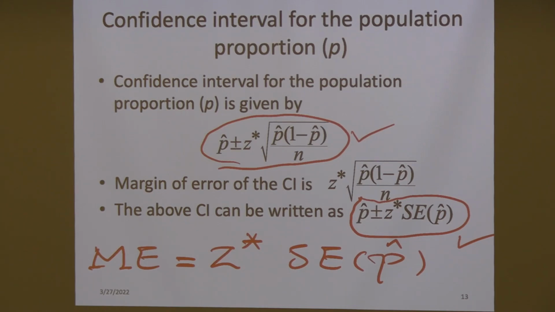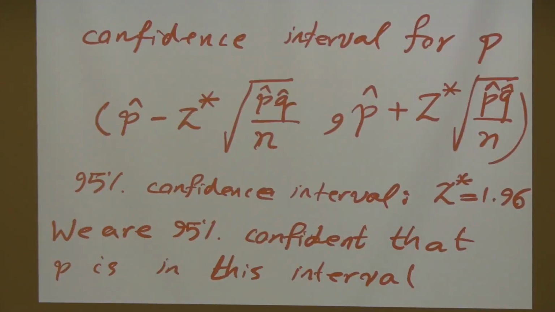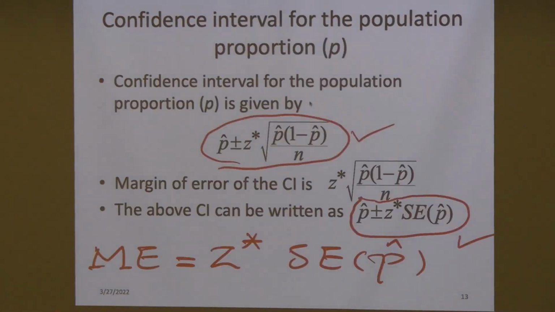Now, what is the formulation for that? So far, we know how to find the standard error for the sample proportion, right? Now, this ME is called the margin of error, okay? The margin of error is Z star times this, okay?